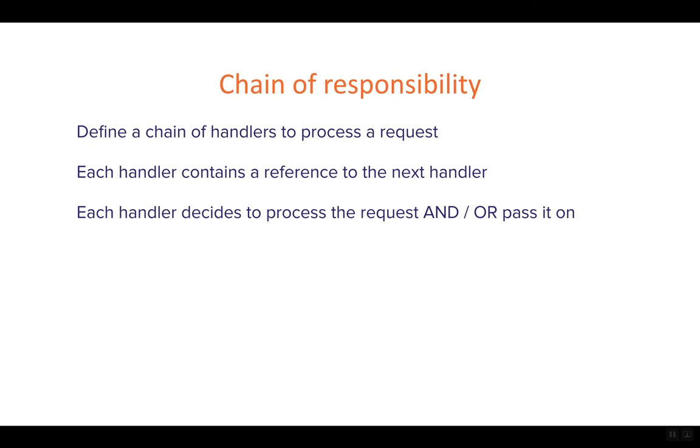And each handler decides whether or not to process the request. It has the option to not process it and simply pass it on to the next handler. So there are two schools of thought here.